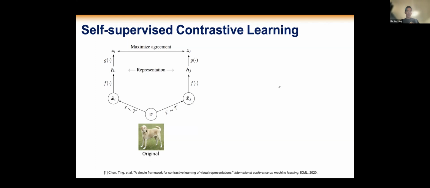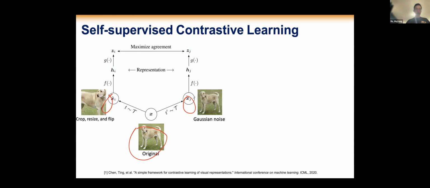Actually, the latest work on contrastive learning can already achieve very good results. Let me give you a little background on contrastive learning. With the original image, we do two data augmentations, x_i and x_j. We crop, resize, flip, or add some Gaussian noise, and we project these into the feature space.